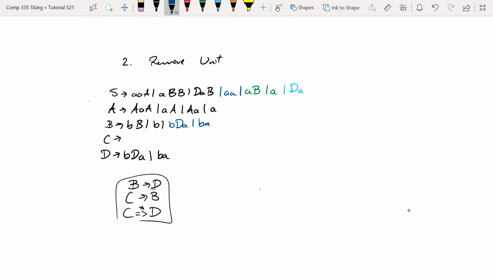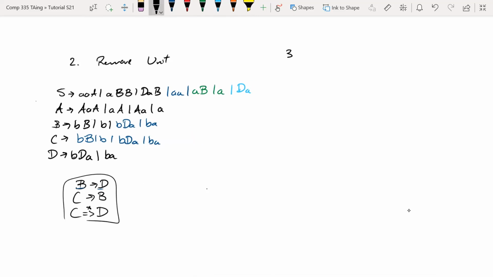And then for C, C gives me B and D. But because I already wrote the D part for B, I can just copy B, because this part is D. So there's no need to recopy the same production rules. So I can just write this. Right, so that's removing unit production.